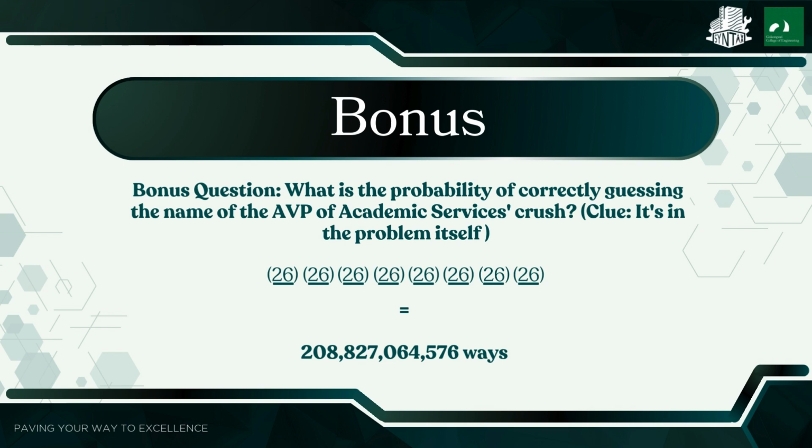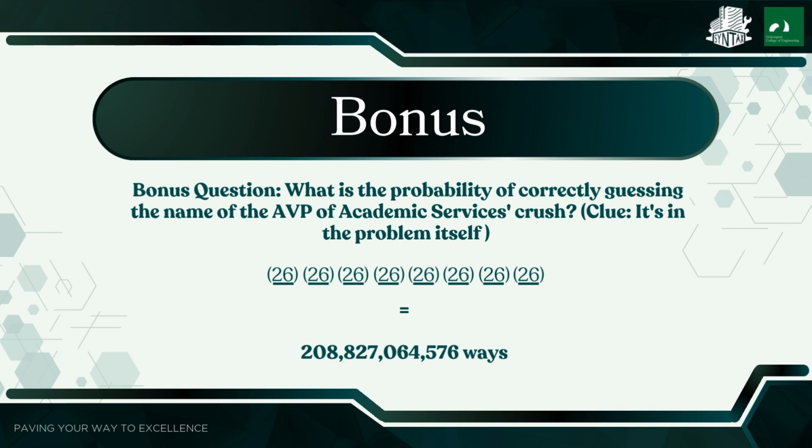Given the 8 letters that we don't know, and given that the name is composed of the English alphabet, we can say that 26 letters is composed from the first to the final position.